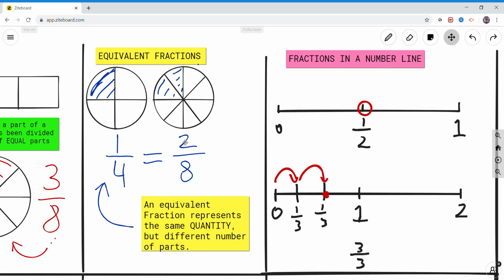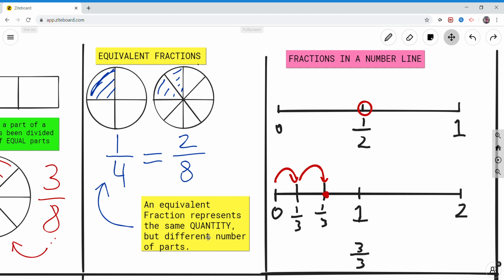Now, I can also use the division strategy, which means I'm going to take these smaller parts and try to make them into bigger parts. So if I divide 2 by 2, I'm going to get 1. And if I divide 8 by 2, I'm going to get 4. So that's another way to check equivalent fractions using the division method.